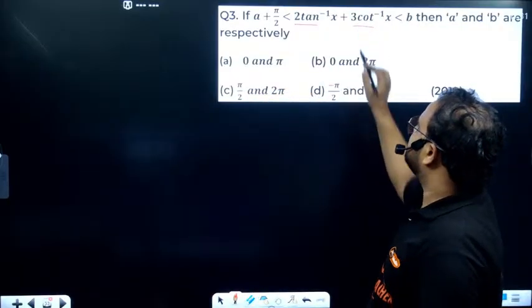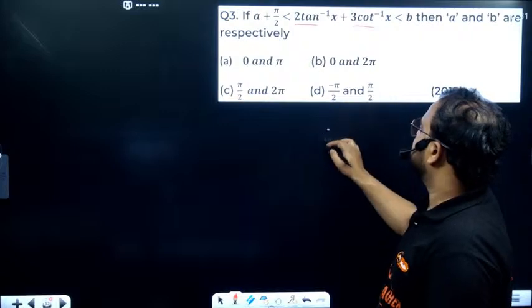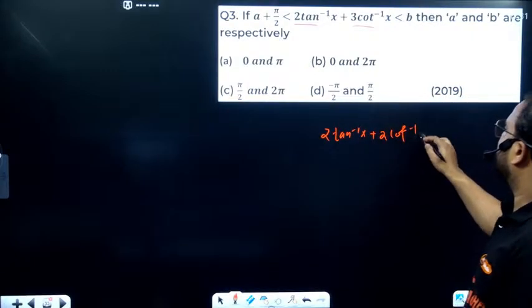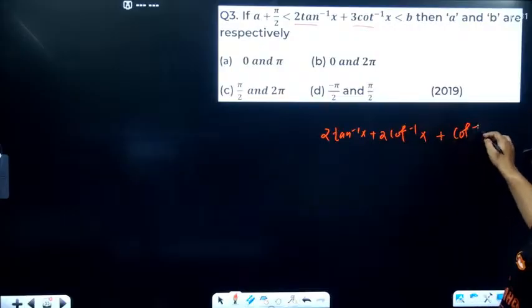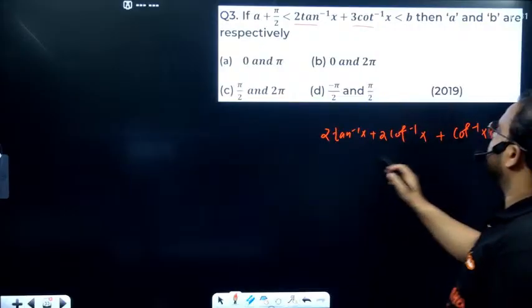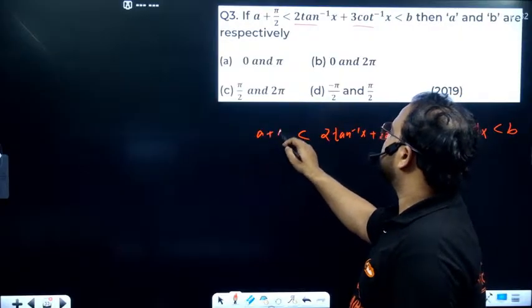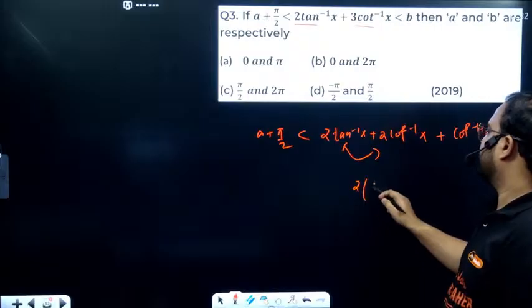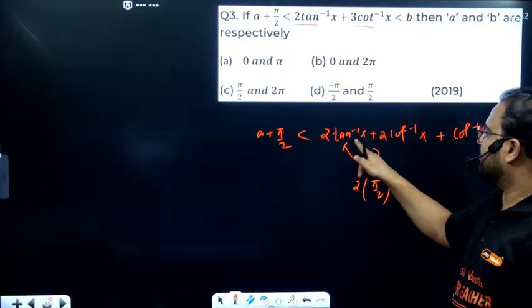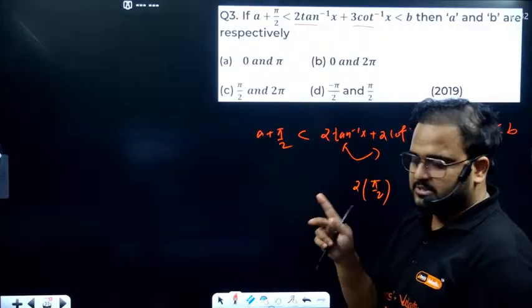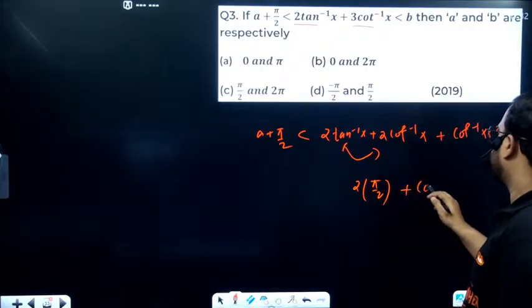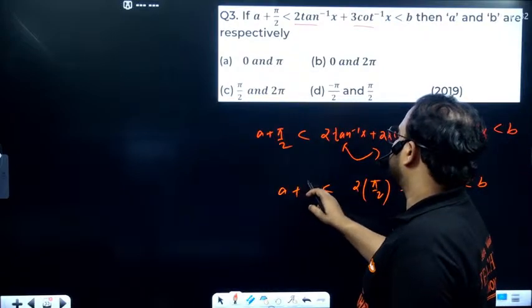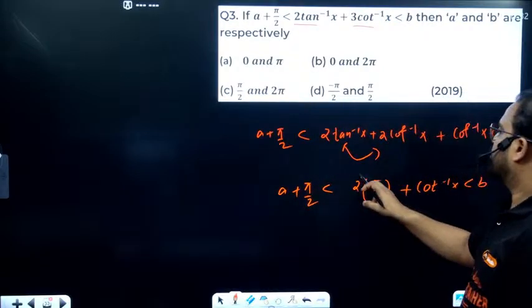So you just simply separate this as 2 tan inverse plus cot inverse. So you get 2 tan inverse of x plus 2 cot inverse of x plus cot inverse of x, and this is less than b and more than a plus pi by 2. This value becomes 2 times pi by 2, because tan inverse plus cot inverse is pi by 2, but we have 2 times. 2 and 2 are cancelled.